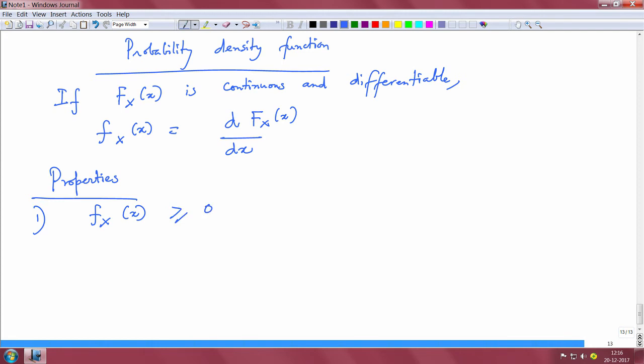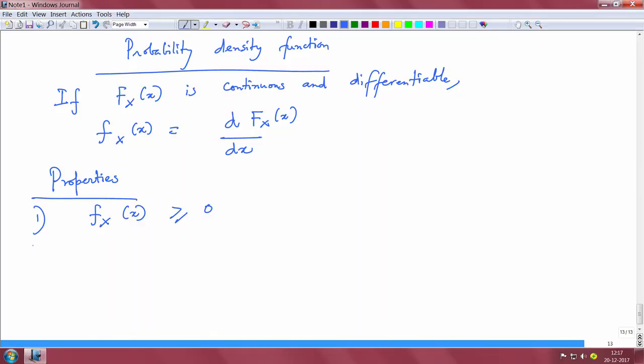It makes no sense to say that the probability mass function or the density function is negative. There is no meaning to that negative quantity, because it is a derivative of the distribution function. So, it is non-negative.